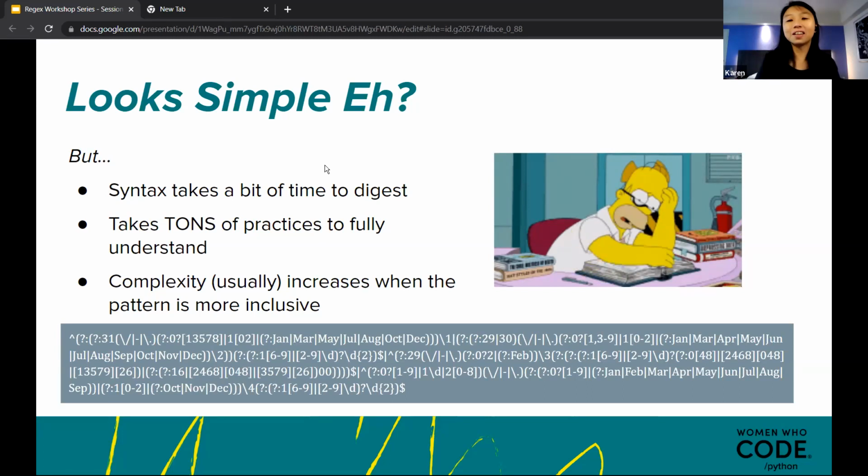So regular expression, we talk about really big words, like complicated history. The reason this workshop, this study group, was created is that, from my personal experience, it looks really simple.